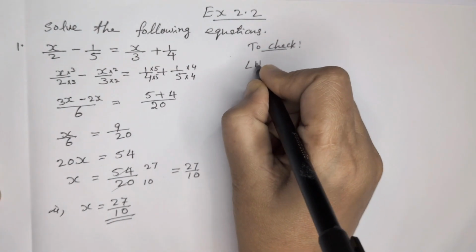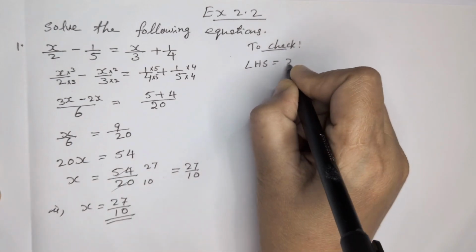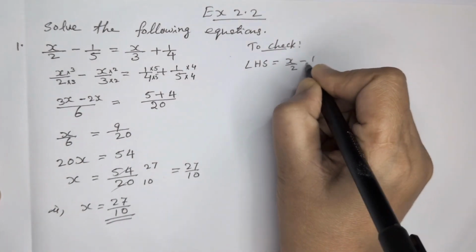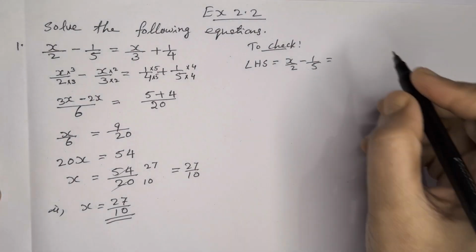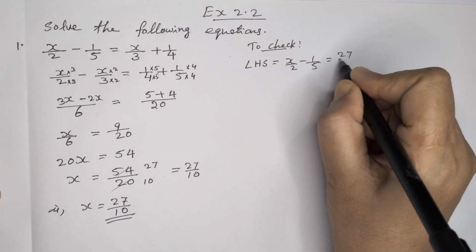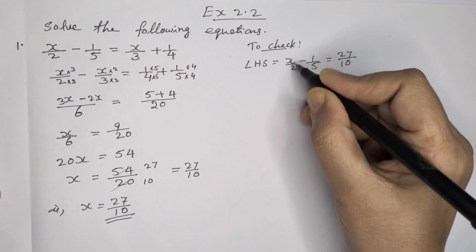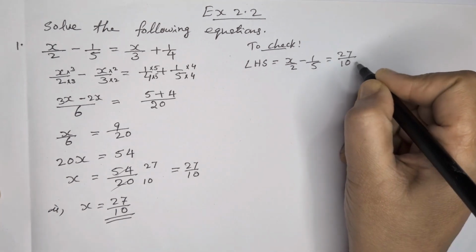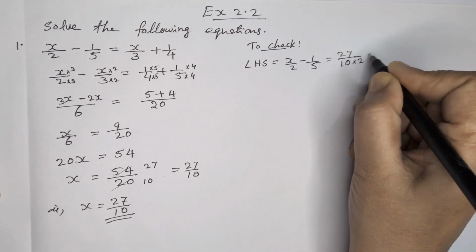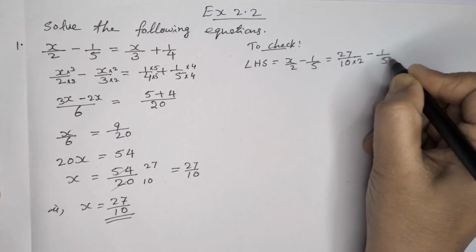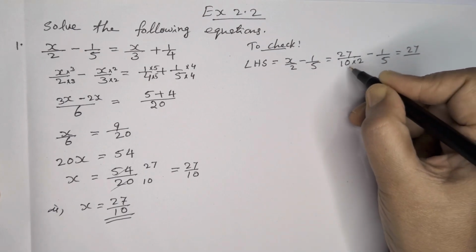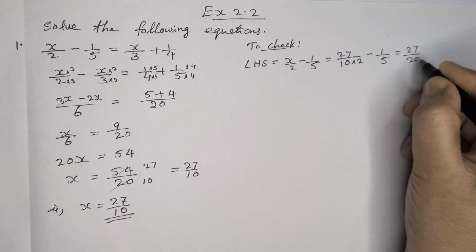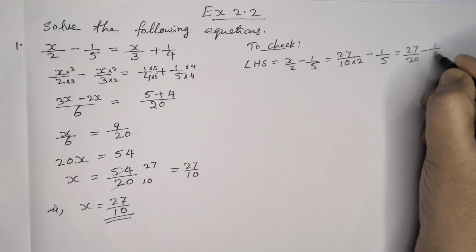To check, LHS. x by 2 minus 1 by 5 is equal to, there is the value of x, and again 2 there in the denominator, 27 by 2 into 10, 20, minus 1 by 5.